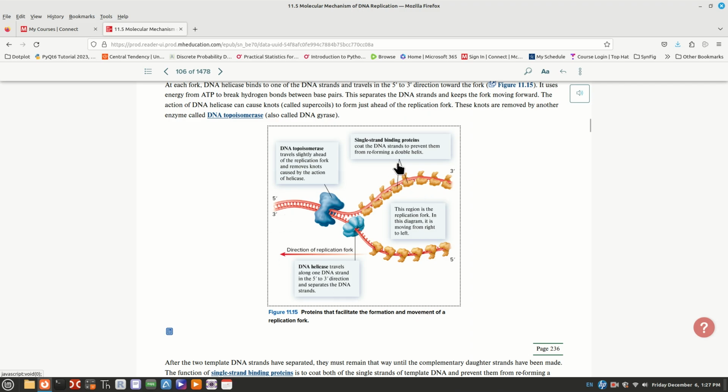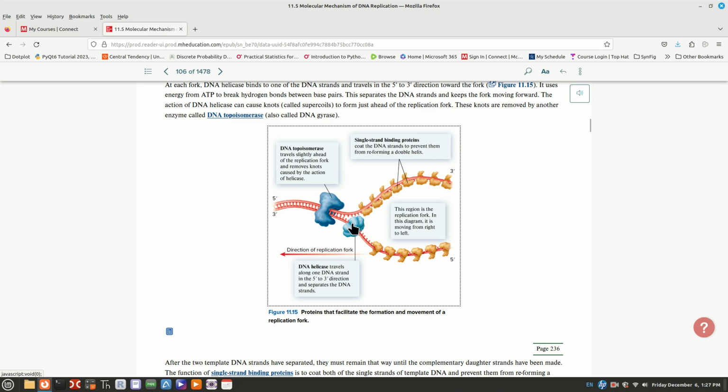One picture about the opening of the fork, and then maybe you could give me 3 steps that go along with it. And the 3 steps involve what these proteins do. So you could draw me a little picture on the test like this. Tell me that topoisomerase is going to have to straighten it first, and then helicase is going to attach and start the unzipping.